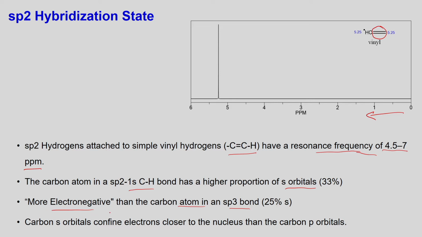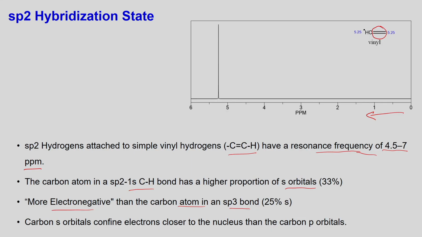If it is more electronegative, it will show resonance at a higher frequency. So, a carbon s orbital will confine electrons closer to the nucleus than the carbon p orbitals.